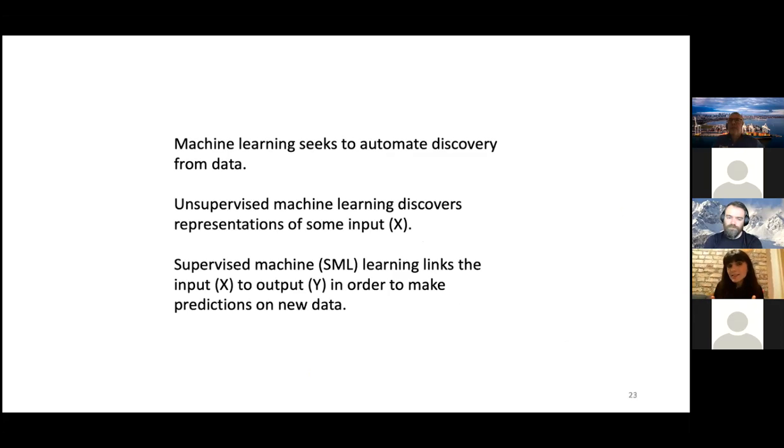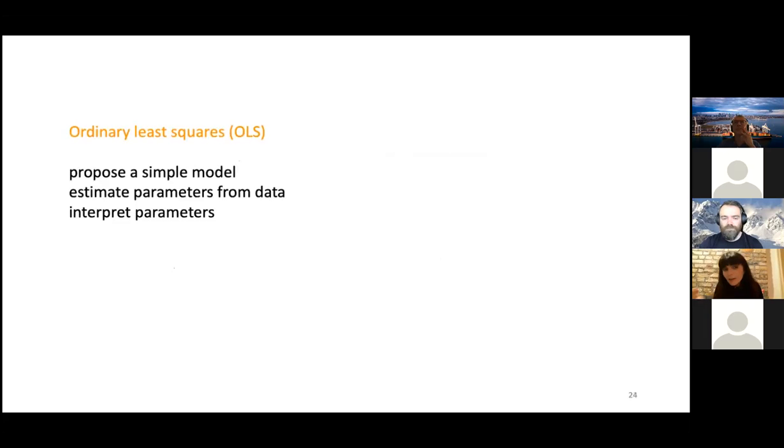But in this study, we're looking at supervised machine learning tools, where the idea is to link an input X to an output Y, with the purpose of making predictions on new data, not on the data set that you're using to fit your model. And again, maybe some of this discussion is unnecessary, but this is very different from the typical approach that we take with something like OLS, where we use a simple model, we estimate the model parameters from the data, and then we interpret these parameters.